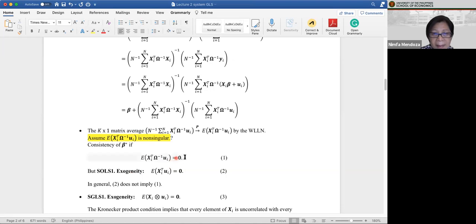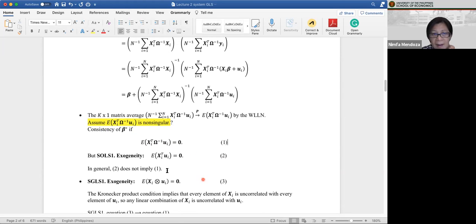But this condition, which I denote by equation 1, is different from the system OLS exogeneity assumption, which is just the expected value of x sub I transpose U sub I is equal to 0. You have the presence of that omega inverse. In general, the second equation does not imply the first.